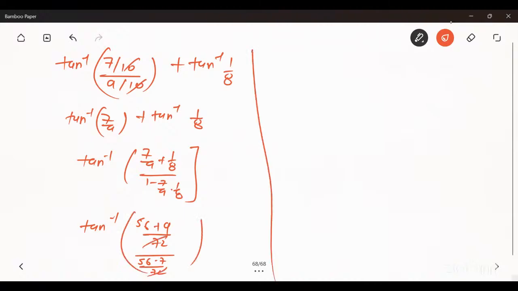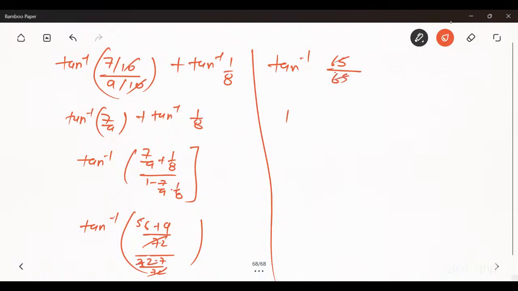So the value will become tan inverse of 56 plus 9 is 65 upon, sorry, here will be a 72, by mistake I wrote 56. 72 minus 7, so 72 minus 7 is also 65.